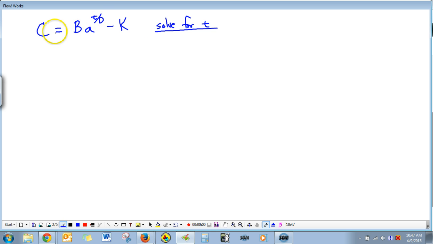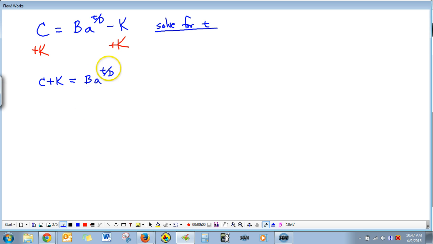How would we solve this ugly thing for t? Well, t is in the exponent here, so we're going to have to get this power all by itself first. So let's start by adding k to both sides. Then we get c plus k equals b times a to the t over d.